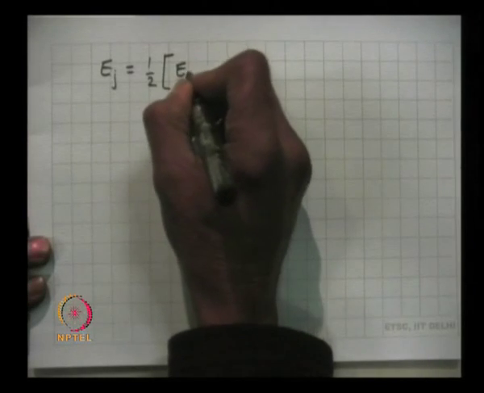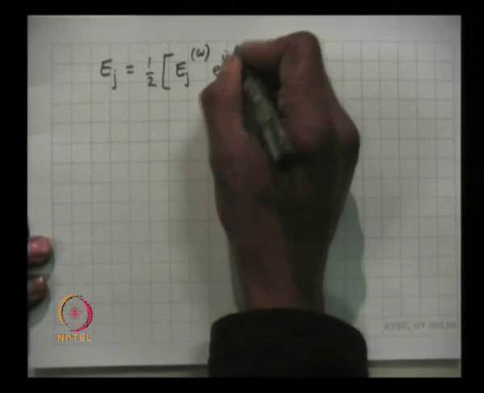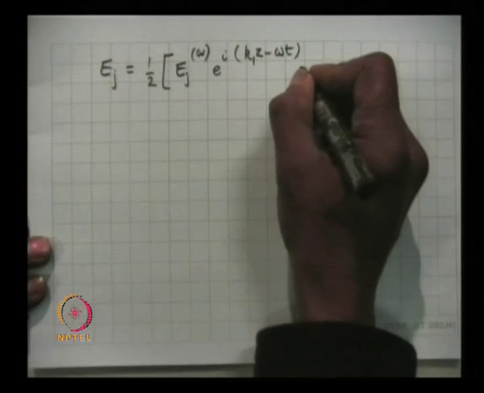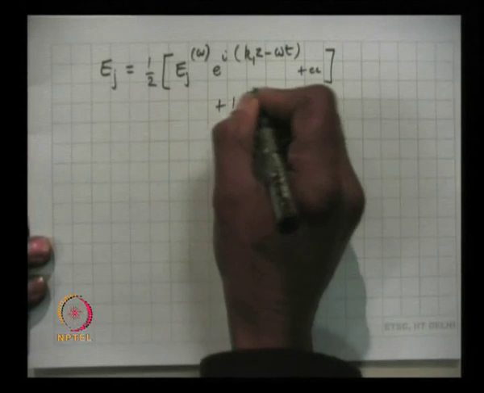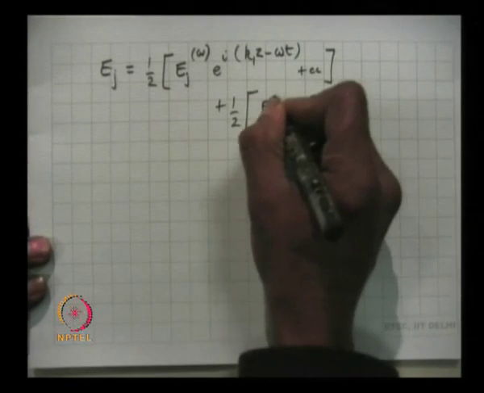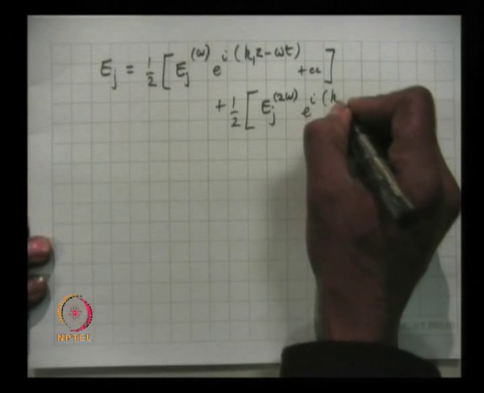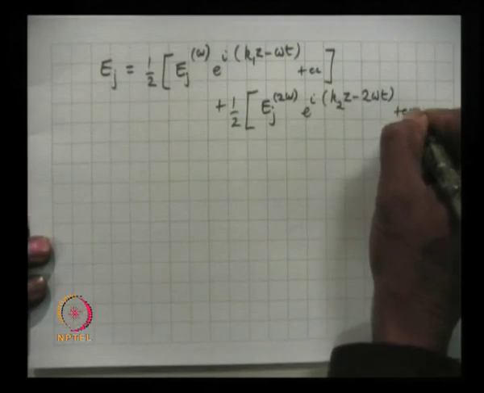So I will have half E_j of omega e to the power i(k_1 z minus omega t) plus complex conjugate, plus half E_j of 2 omega e to the power i(k_2 z minus 2 omega t) plus complex conjugate.